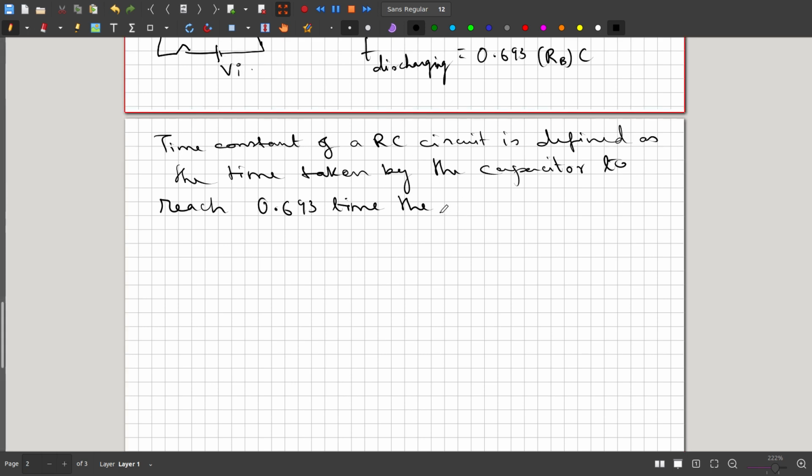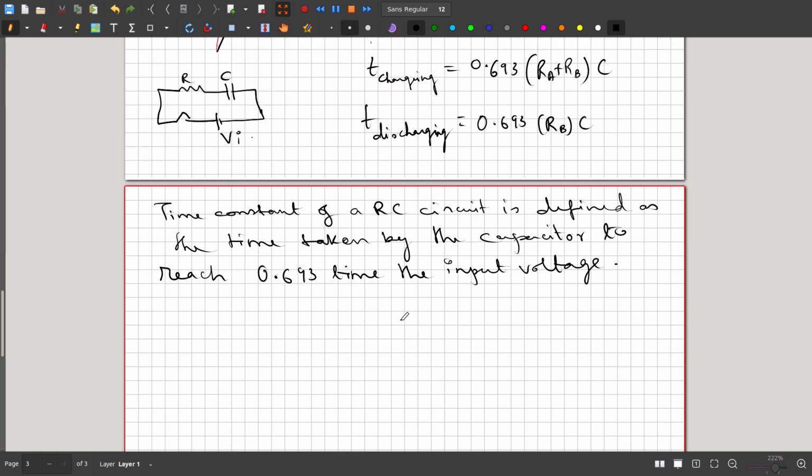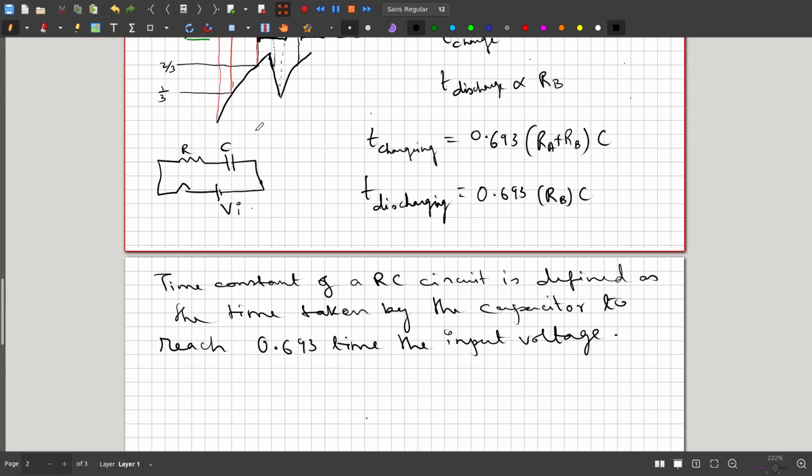Okay, so this is how the time constant is defined. The time constant is nothing but the time taken for the capacitor to reach a voltage of 69% of this input voltage. Okay, that's the definition of time constant.